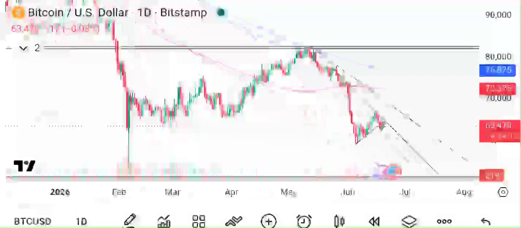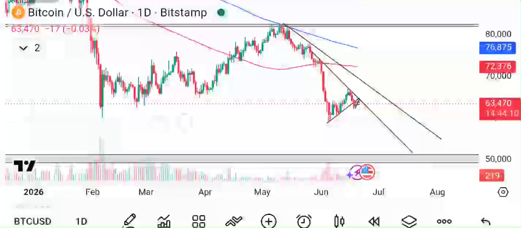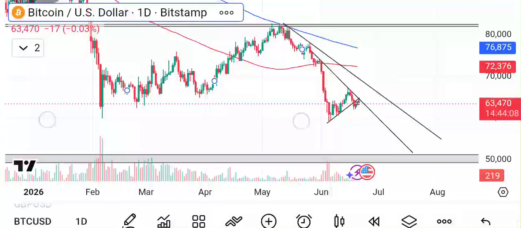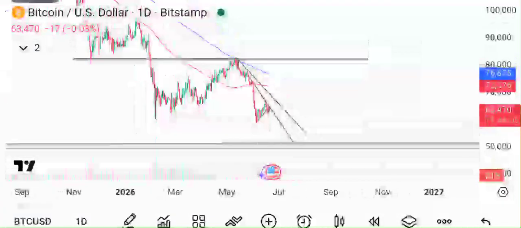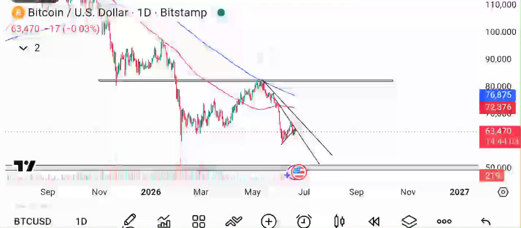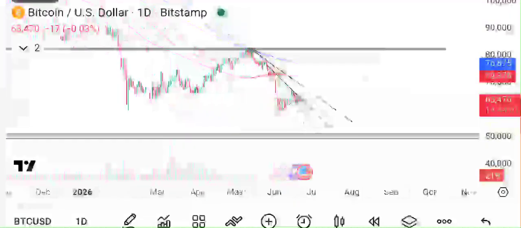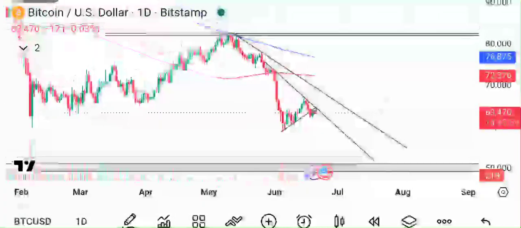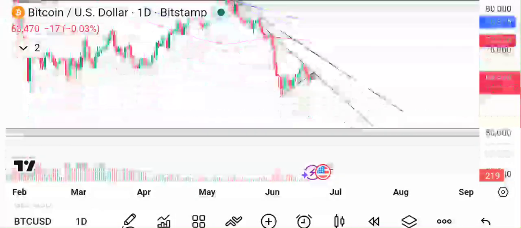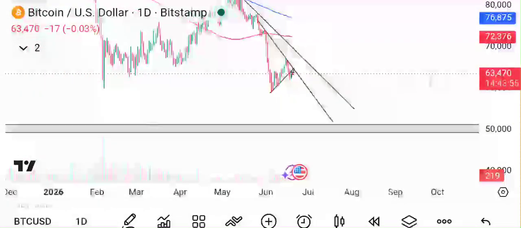Then we can see a very slow correction. Price was just correcting slowly, and it did not get back to this high. Instead, it gave a lower high. And then the drop again was rapid, price dropping from this high back down here in a rapid manner.